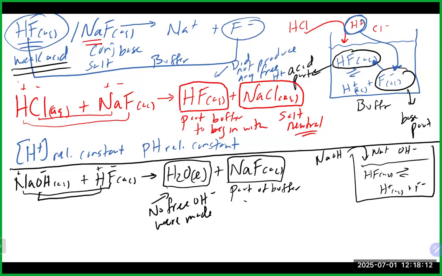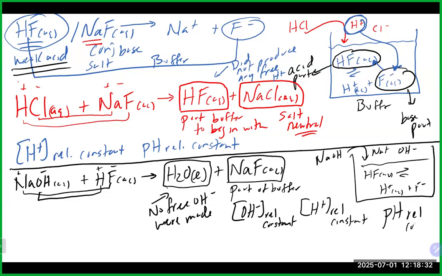And that means that the OH minus concentration stays relatively constant, and because OH minus and H plus are tied together, as one goes up, the other goes down, if the OH minus stays constant, then the H plus will stay relatively constant. And once again, we will have a relatively constant pH value because of that.